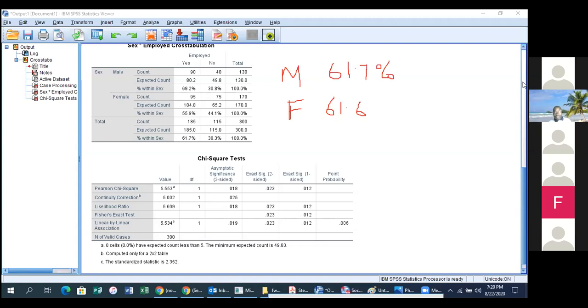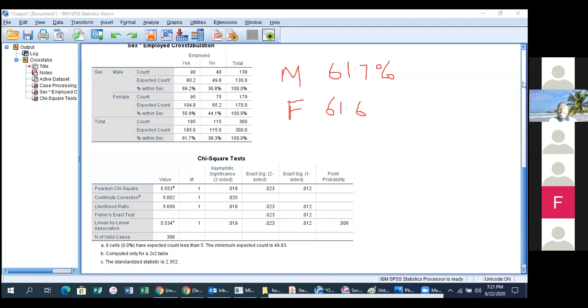The expected value is the value when no hypothesis is true. You compare: is there any difference between the observed values, all those 90, 40, 95, 97, and the expected values calculated? If there is, that is what chi-square did.